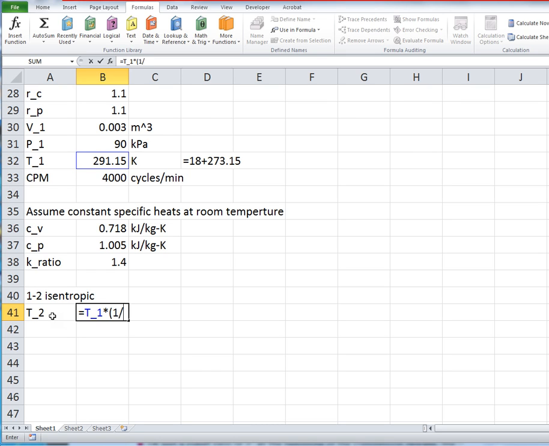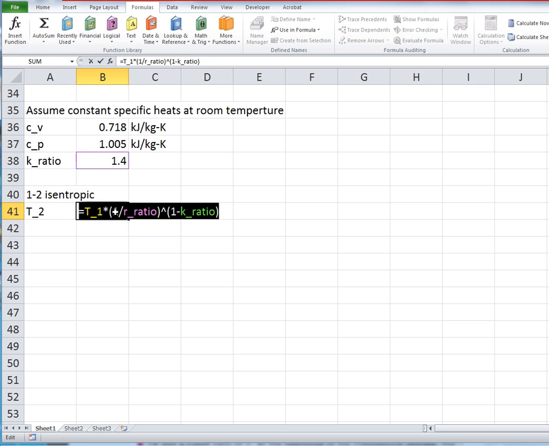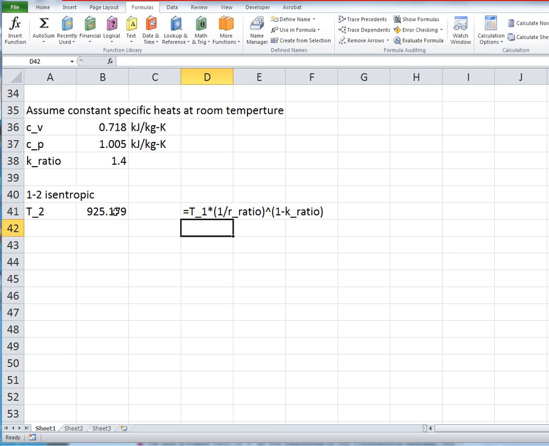Well, V2 over V1 is 1 over r, and that has to be raised to the 1 minus k power. Now we got that. So that says it's about 925 degrees Kelvin.